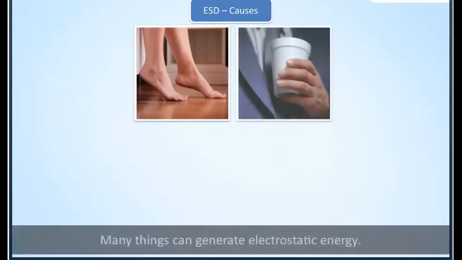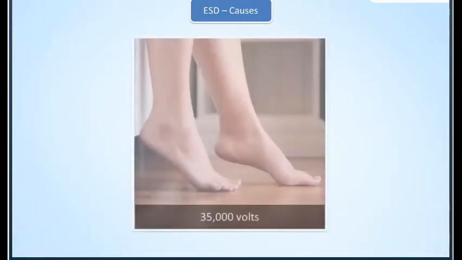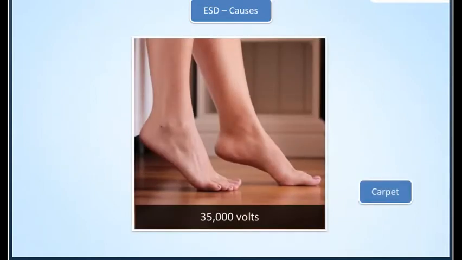We are surrounded by many things that can generate electrostatic energy. Simply walking on a carpet on a dry day can generate up to 35,000 volts of electrostatic energy.